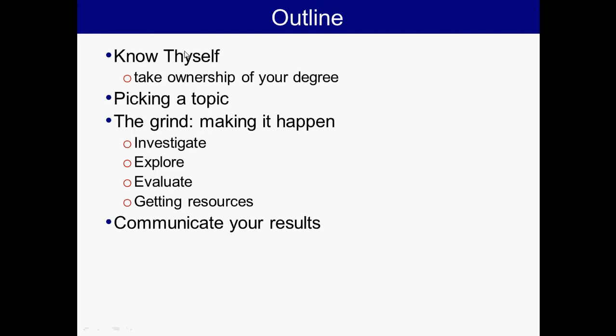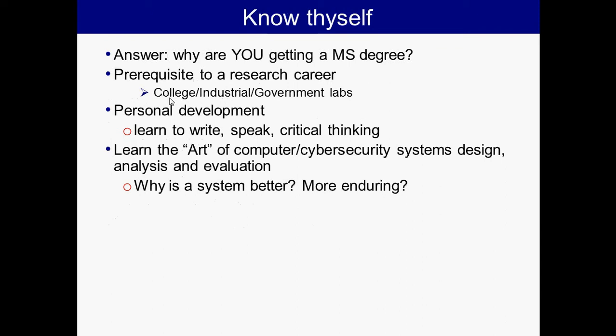You need to know yourself first. Where you are, how much you know, what is your interest. You have to assess yourself, and then pick a topic, and then grind it, and make things happen, and finally communicate your result. Know yourself.